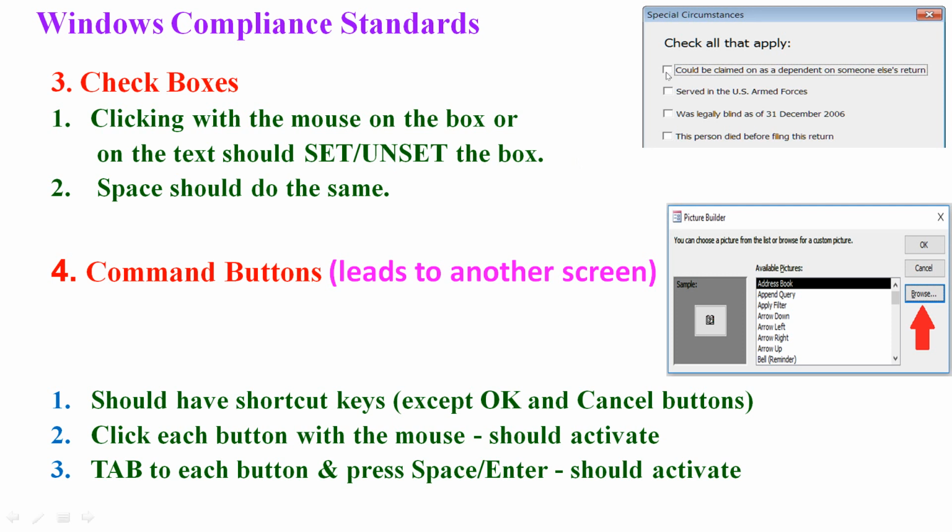Set means getting selected. Unset means getting deselected, right? Clicking with the mouse on this particular box or on the text mentioned here, it should get selected. That is a set. If it does not get selected, it is unset, right?